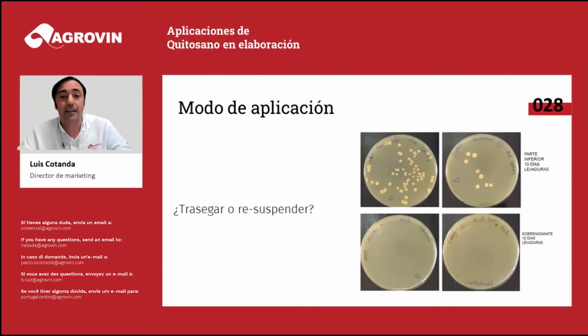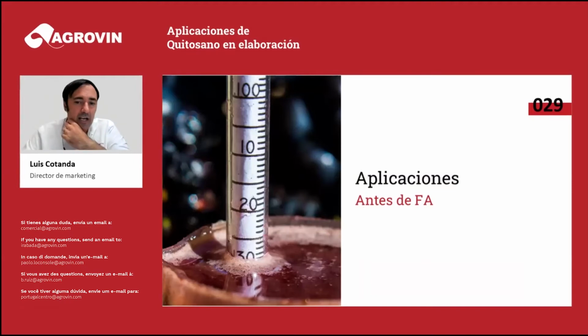And after the culture on a plate, we saw that the supernatant in the clean part was totally yeast free. However, the lower part, the bottom, was having yeasts, and this is why in AGROVIN we recommend to rack wine after 15 days after having used chitosan.